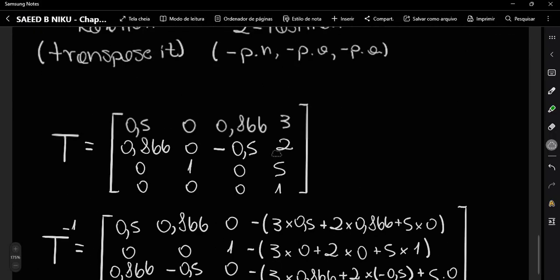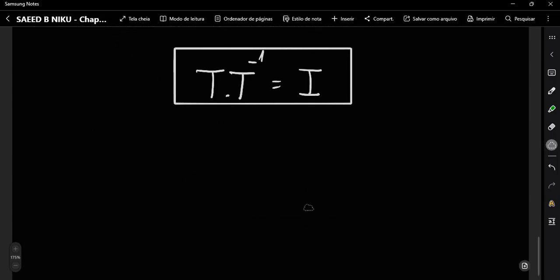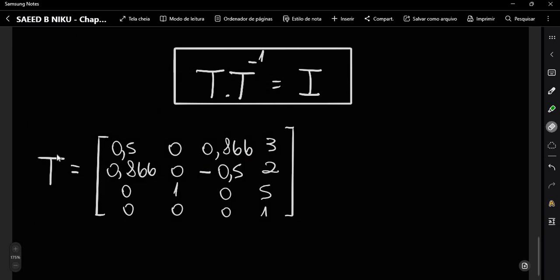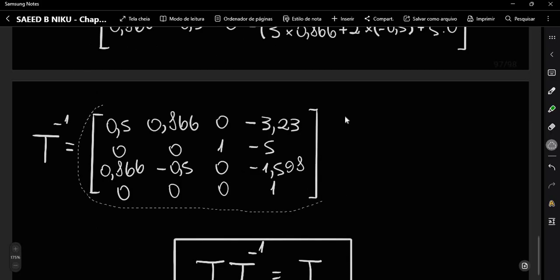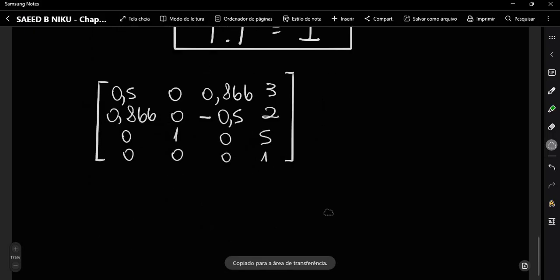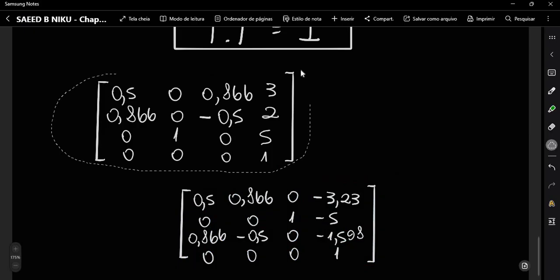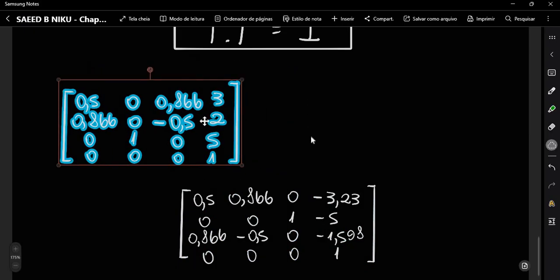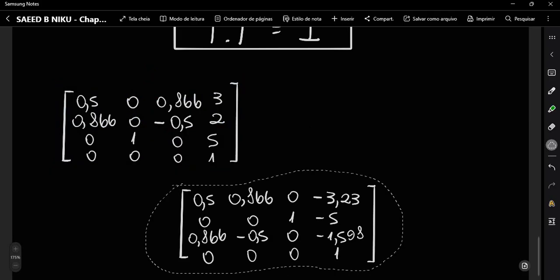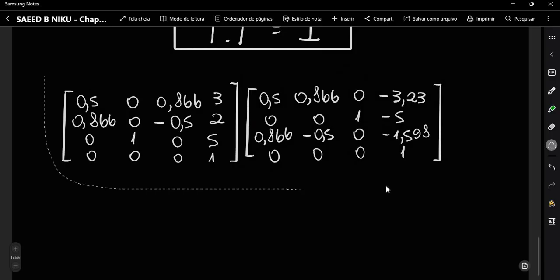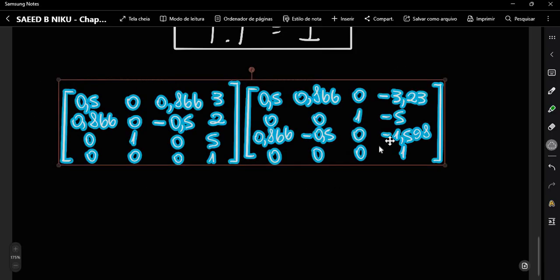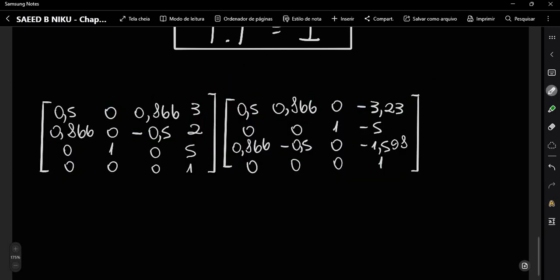That's too much work, so I'm just going to set them side by side. Okay, and for now that's all.